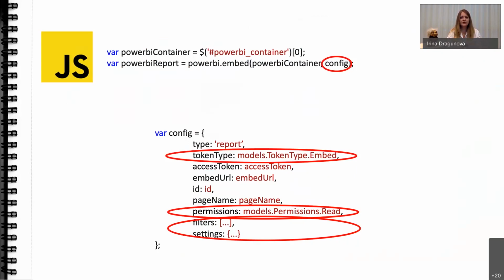There are two alternatives for embedding your reports: for internal users with a Power BI Pro license and using Azure Active Directory authorization, and for external users. We will look more closely into it. And the most important part, this part will let Power BI know which report you are going to embed and if you're allowed to see the report or not.